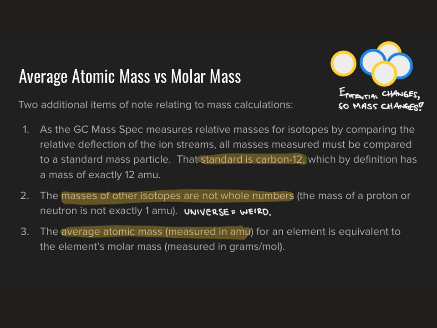Because of the relationship between Avogadro's number and mass, the masses that we're calculating here, in addition to being average atomic masses in units of AMU, are equivalent to that element's molar mass measured in units of grams per mole. So these calculations are going to be meaningful moving forward when we get into our mole map problems in our next unit. So that's it for our discussion of average atomic mass.